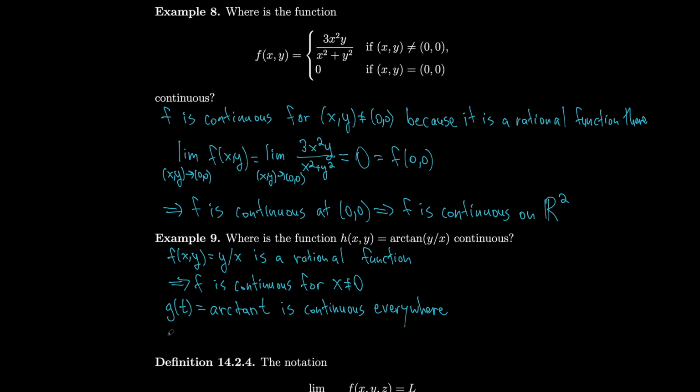So that means that our composite function, g of f of x,y, which is arctangent of y over x, and by design that's our original function, h of x,y, is continuous for everywhere except where x is 0.